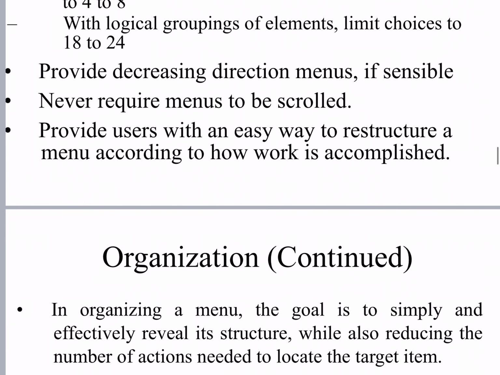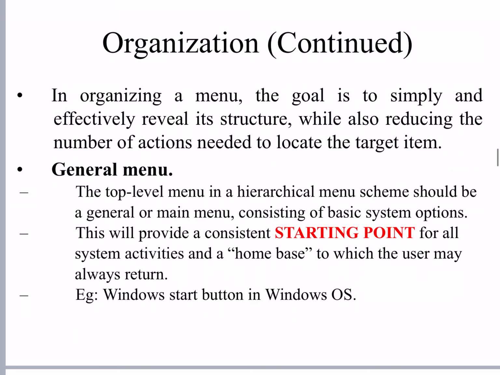Now, when it comes to the general menu, the top level of a menu in a hierarchical menu scheme should be a general or main menu consisting of basic system options. This will provide a consistent starting point for all system activities and a home base.